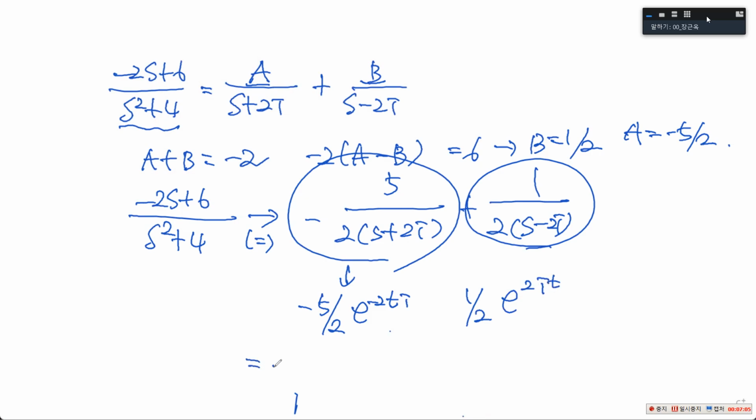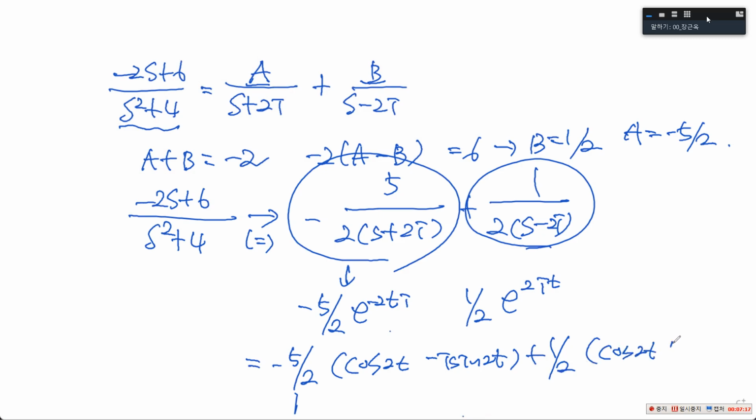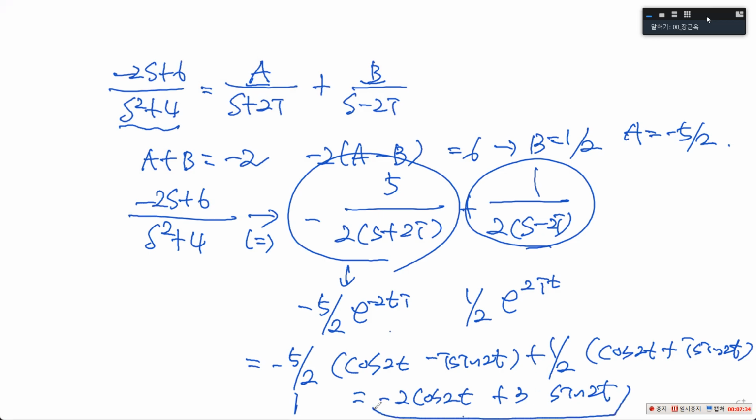So by that way, we can write down 1/2 cosine 2t minus i sine 2t plus 1/2 cosine 2t plus i sine 2t, and it gives -2 cosine 2t plus 3i sine 2t. But as I told you, we neglect i here, so that gives the result, which is consistent with the formal estimation.